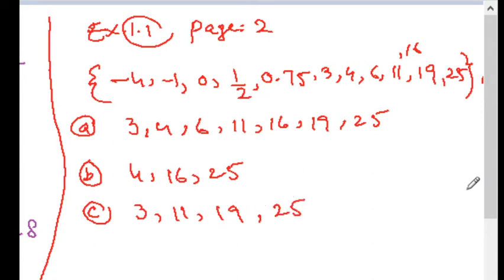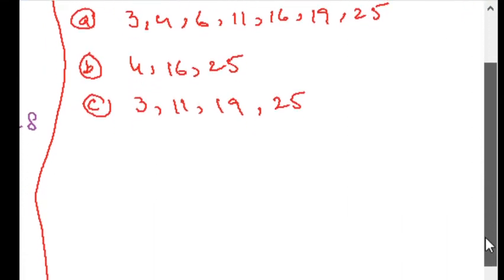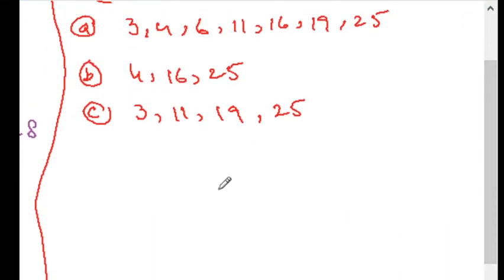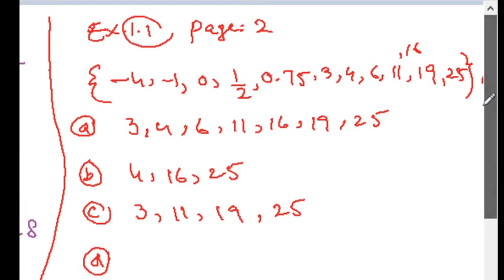Now let's go to part D, integers. Now look at the list. The list has -4, -1, 0, 1 over 2, 0.75, 3, 4, 6, 11, 16, 19, 25. Fractions are never integers. Integers are whole numbers, either positive or negative.